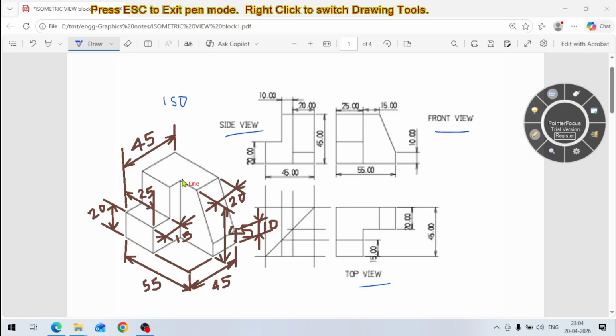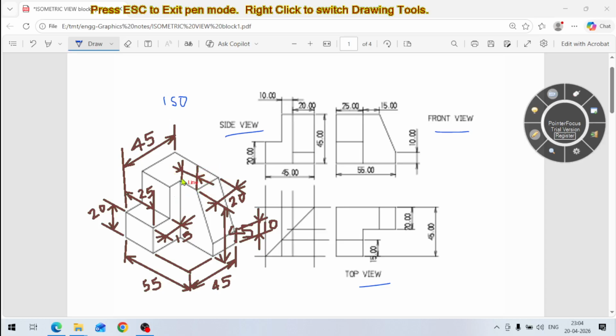A vertical line from this point here like this, then a vertical line from this point also, then a line parallel to this at 30-degree angle, parallel to this dimension, then arrows like this.